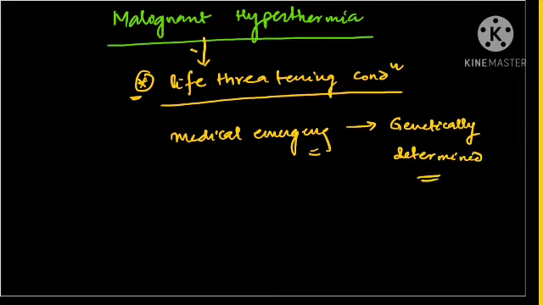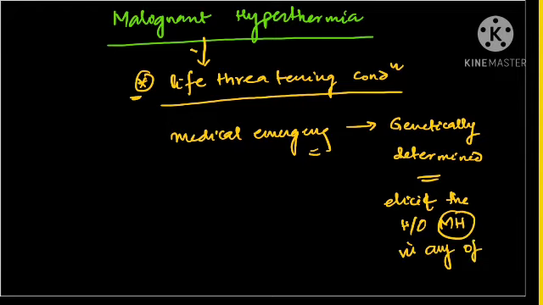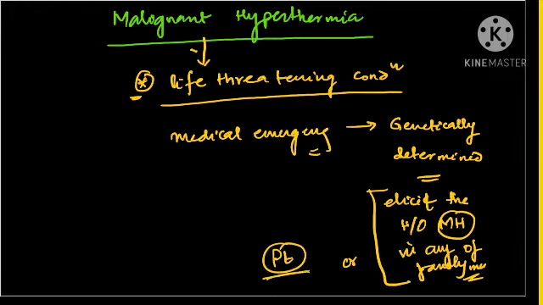So it's very important for us, for anesthesiologists, to elicit the history of malignant hypothermia in any of the family members or the patient himself or herself, if he or she had any episodes of malignant hypothermia before in any surgery.